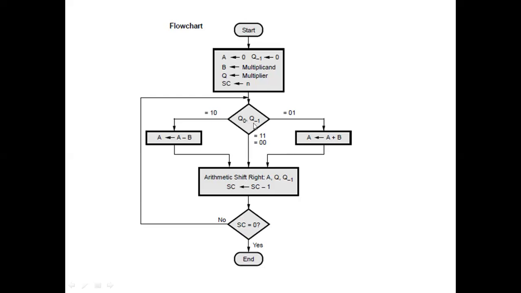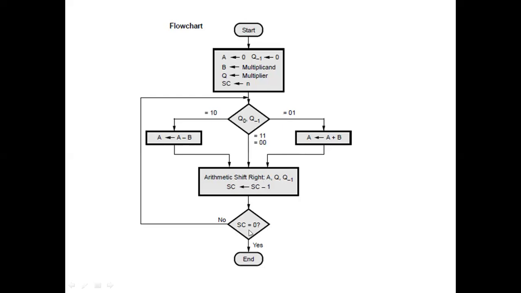If Q0 and Q minus 1 contain 1 0, it performs a minus operation, that means A becomes A minus B, and after this it performs a right shift operation.